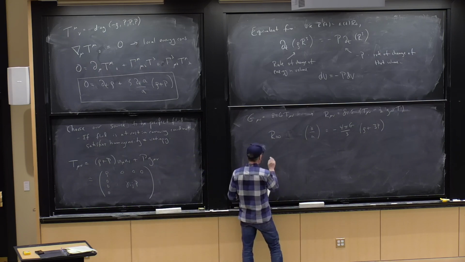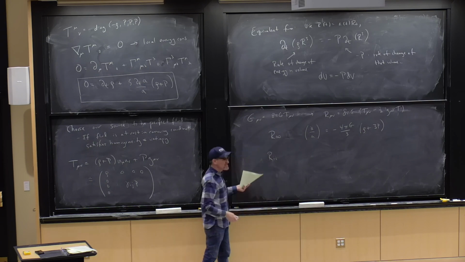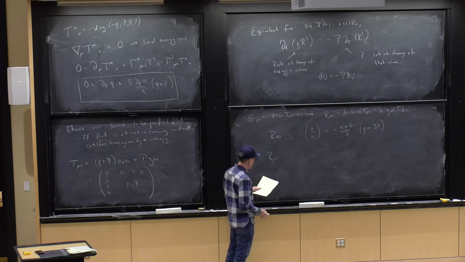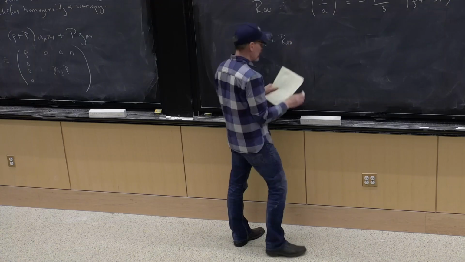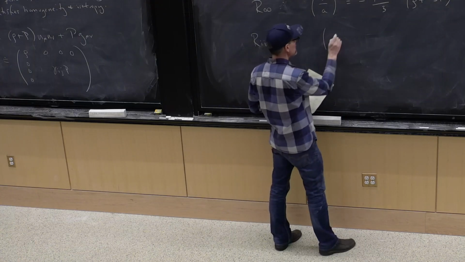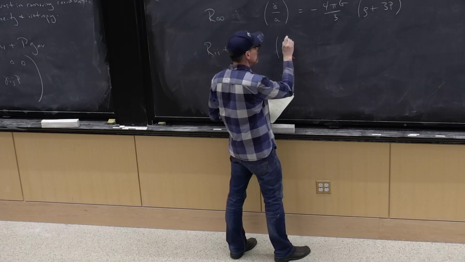If you evaluate R_ii, in other words, any, there's no sum implied here, just take any spatial component of this guy, and add on R00, because it's a valid equation, it helps you to clear out some stuff.